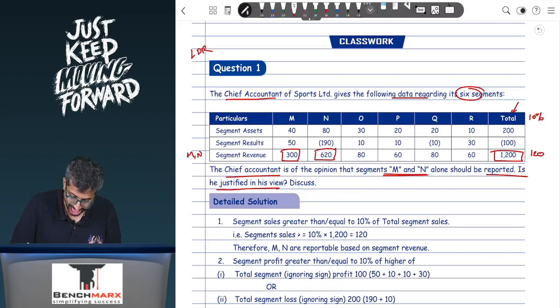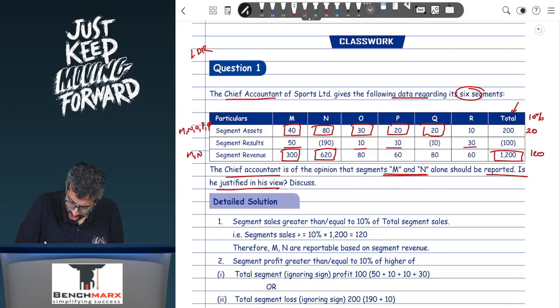Then you look at, let's say, assets. For simplicity, I will take 10% of 200, that is 20, and hence if anything has greater than 20, this is 40, 80, 30, even equal to is fine, P and Q. So basically, based on the assets criteria, M, N, O, P, Q will become reportable. And then you look at segment results. So when we look at segment results, I'll take the total profit 50, 10, 10 and 30.